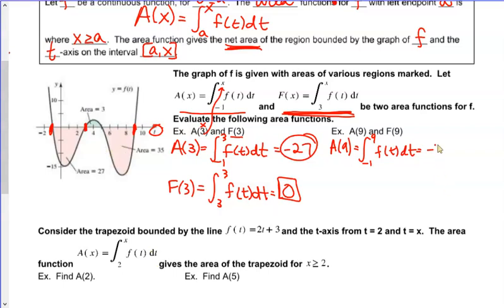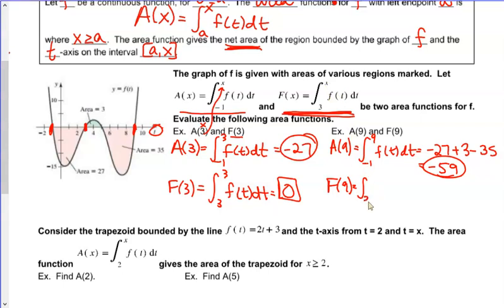What I can constitute that as is negative 27 plus the positive region and minus the negative region again. Therefore, this area, which again is a net area, is negative 59. That should make sense that it's negative because more of the area is below the x-axis. All right, and then finally F of 9. Again, I'm going to put 9 right in here for x.